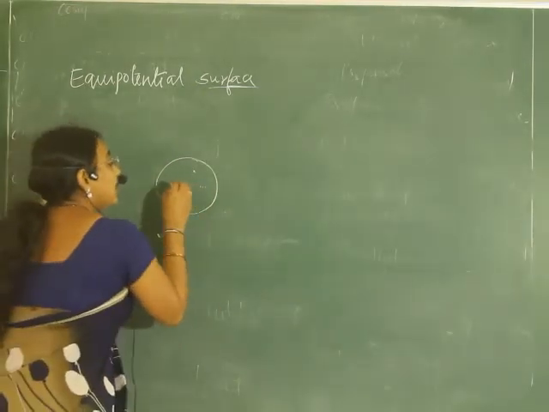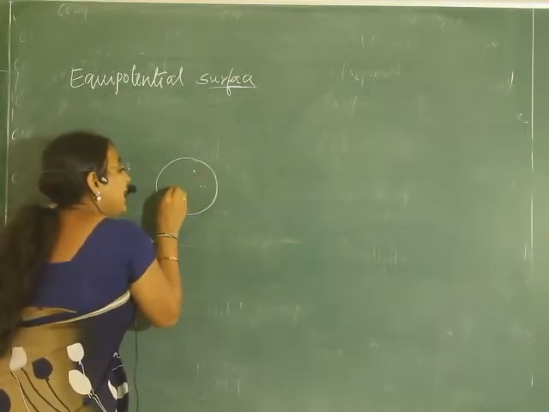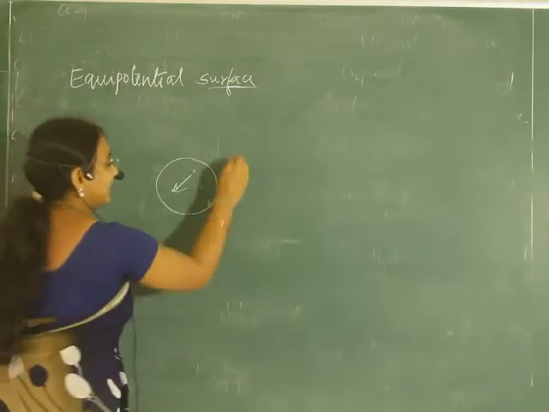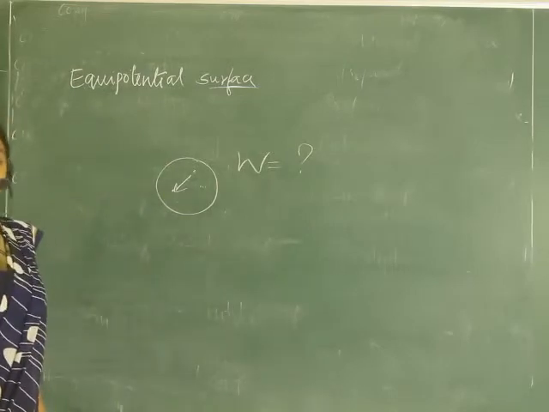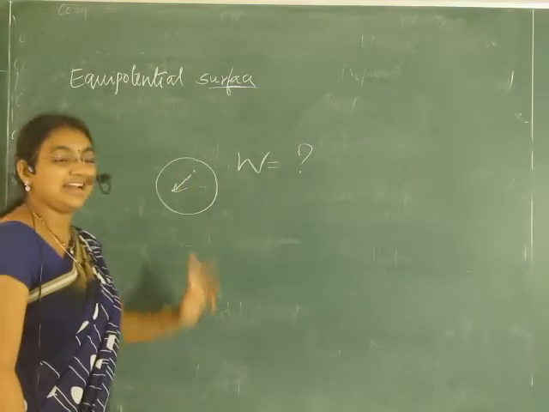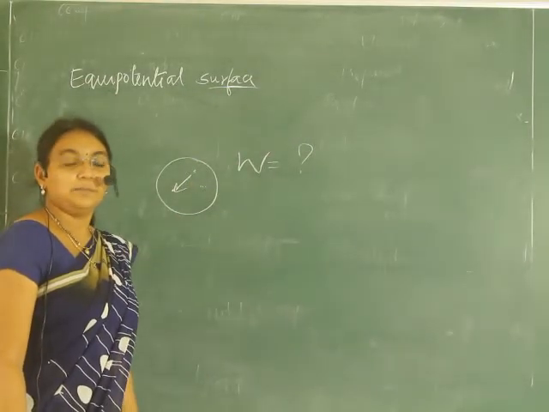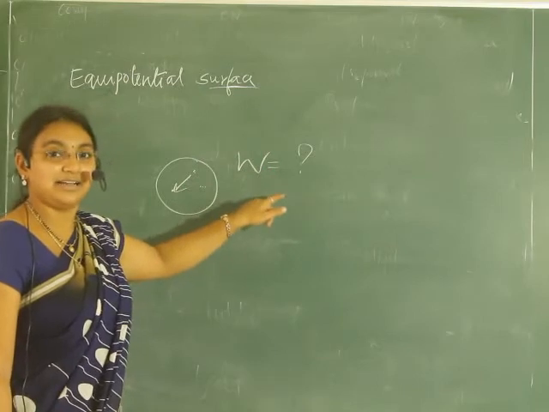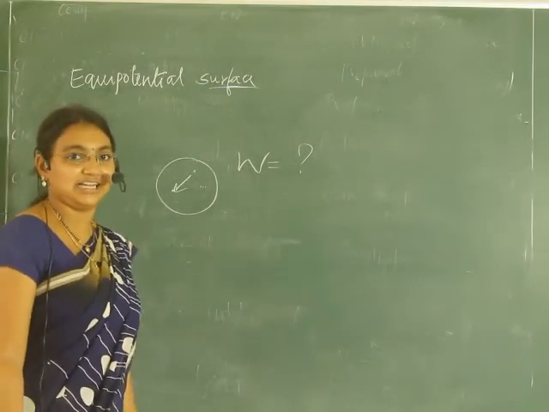So if I want to move a charge from one point to another point in an equipotential surface, what is the work done? How much work is done to move a charge from one point to another point in an equipotential surface? What is W? W is nothing but work done. We can say work done is nothing but change in potential, correct?